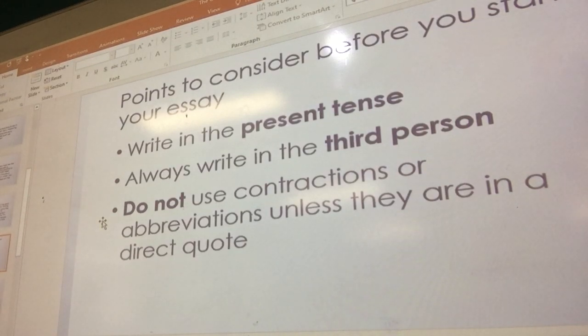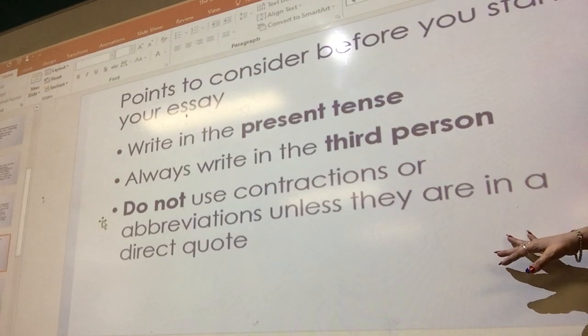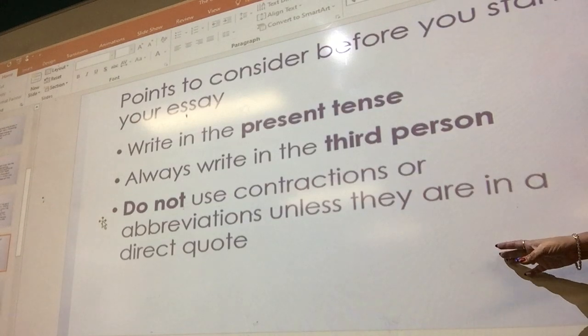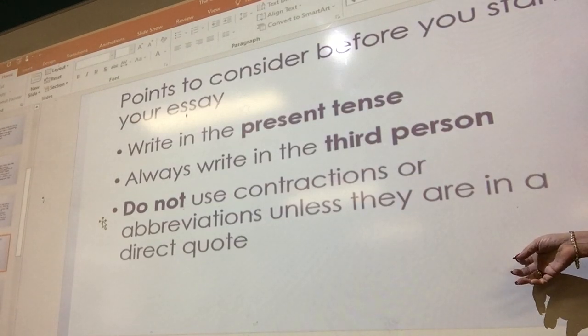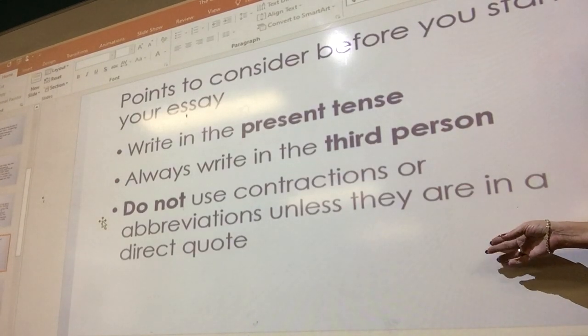Okay? And if you do write a contraction or abbreviation by accident, that is what my little red pen is for on the rough drafts. If you see "write out," that means write it out. These are absolutes.